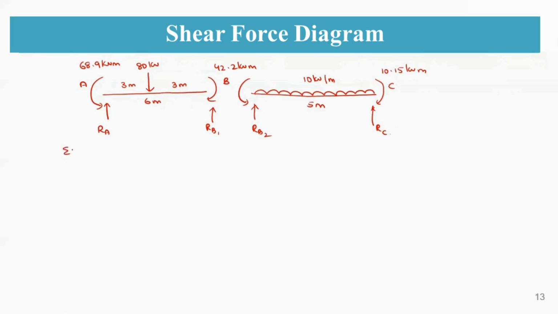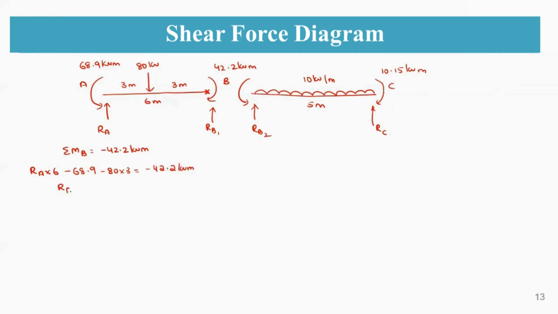So now if you take sigma MB, the moment at this point is hogging in nature, so that is minus 42.2 kilonewton meter. So now we take RA into 6, minus 68.9 minus 80 into 3 will be equal to minus 42.2 kilonewton meter.